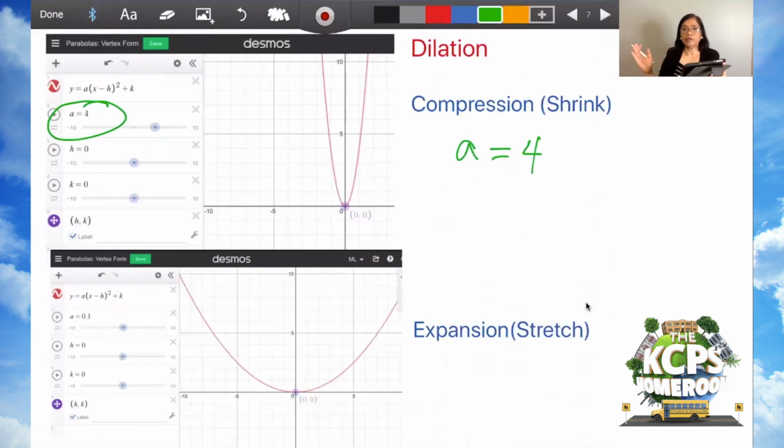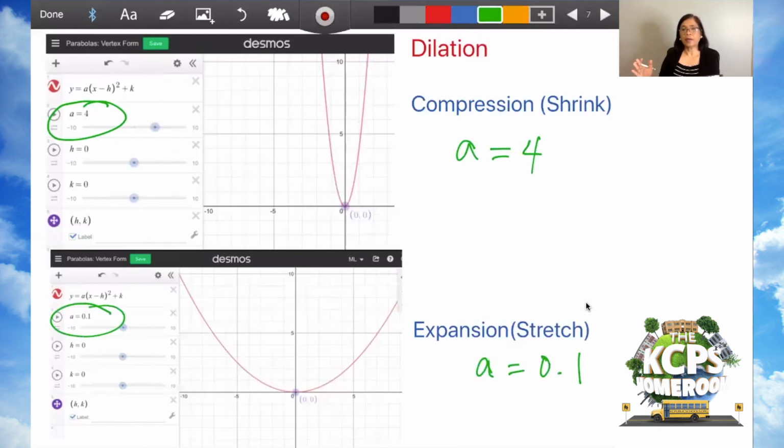It shrinks and moves closer to the y-axis. It becomes narrower. And on the second graph, when a is 0.1, a value between 0 and 1, a decimal, notice what happens to the graph. The graph is expanded, or there's a stretch, or the graph widens.